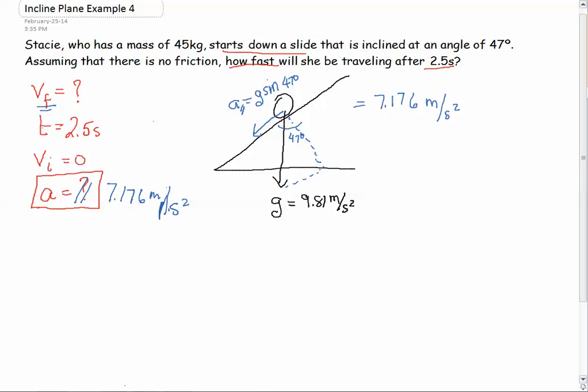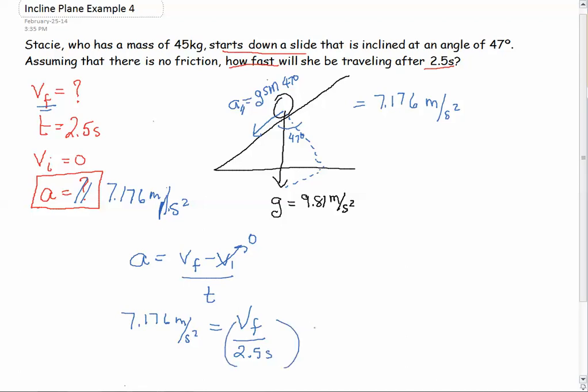So we have final velocity, time, initial velocity, and acceleration. That leads us to acceleration is equal to Vf minus Vi divided by t. We know our acceleration is 7.176 meters per second squared, and we know our initial velocity is 0, so we have just the final velocity divided by 2.5 seconds.